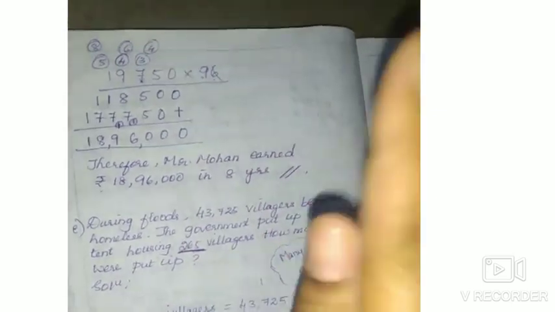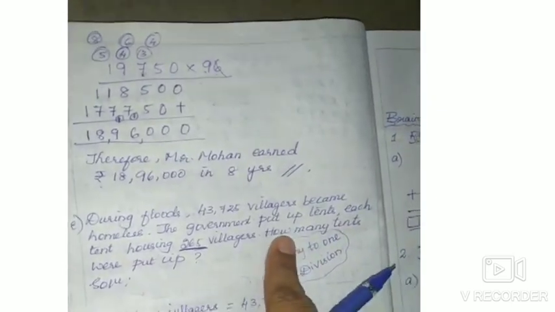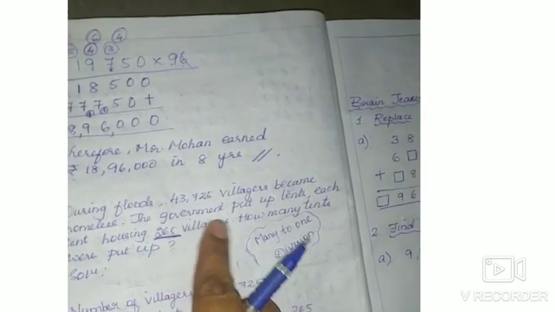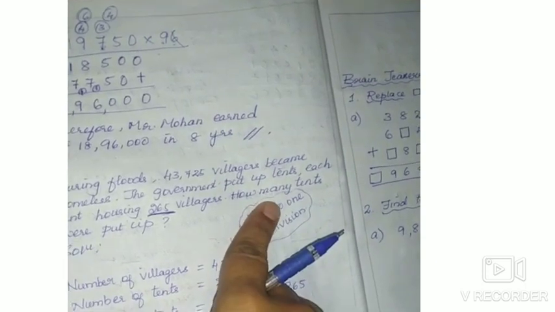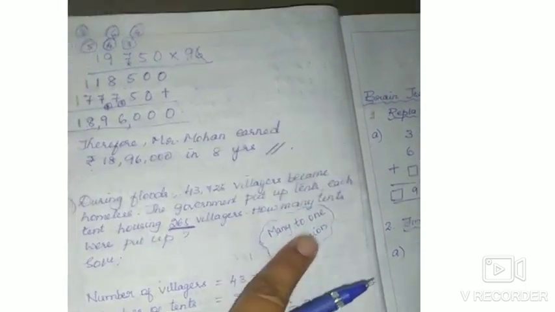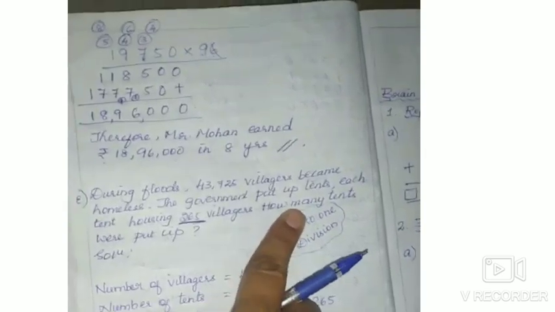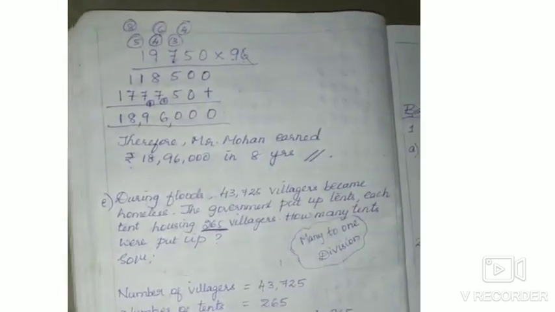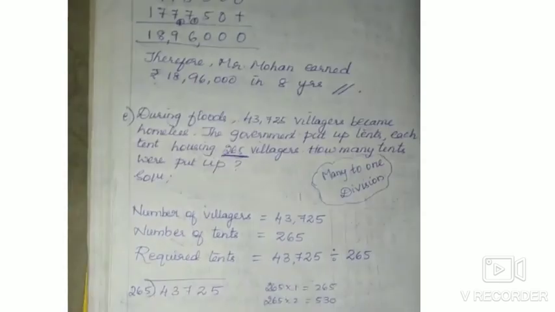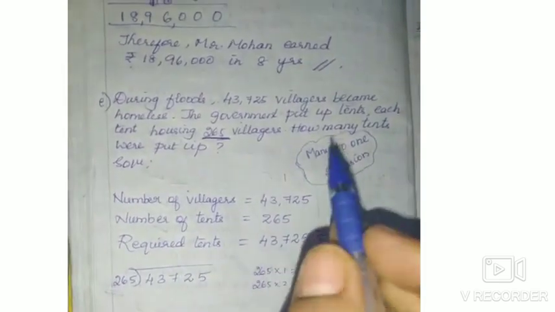See children, observe the question carefully. They are not asking how many villagers are occupied. If they ask about villagers, then we have to multiply. Here they are asking how many tents were put up. So you have to divide.